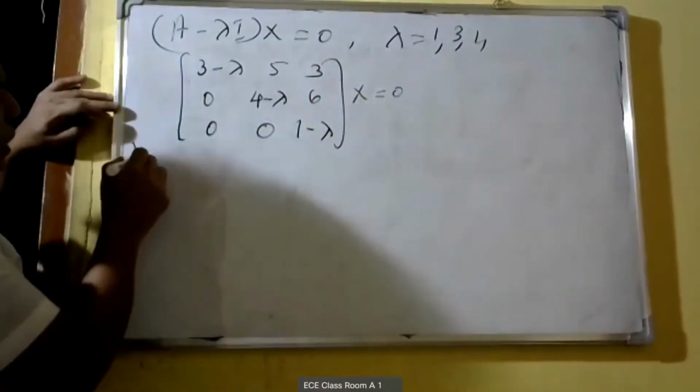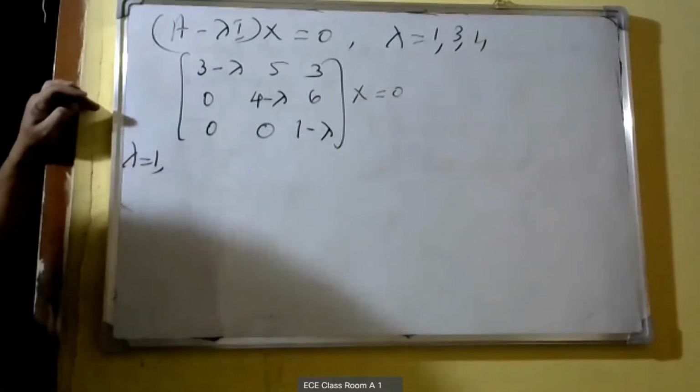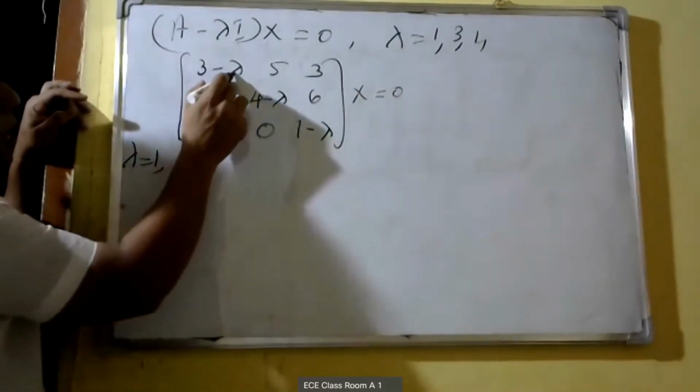First we take lambda is equal to 1. Substitute lambda is equal to 1 here.